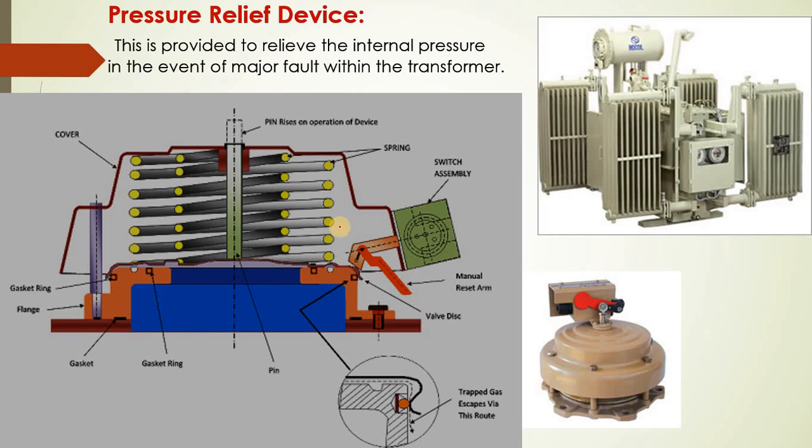Only the air pressure comes outside through this pressure release valve. Initially they did not use a pressure release device. Instead there was a bakelite flange, and when the oil expanded, it would damage this explosion vent. So in place of that, pressure relief valves are used. These can function multiple times.